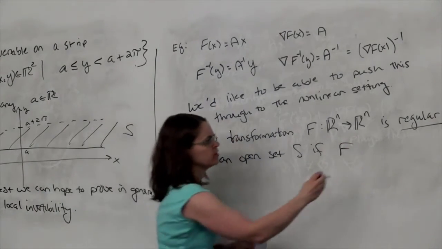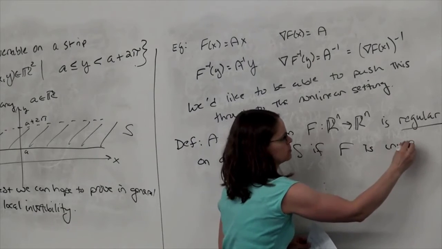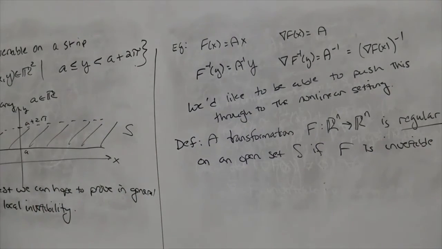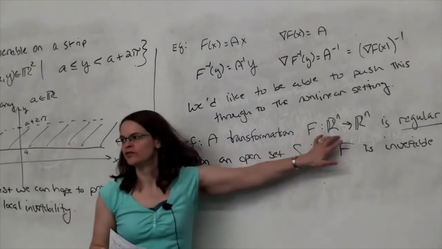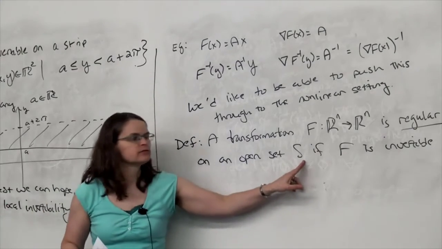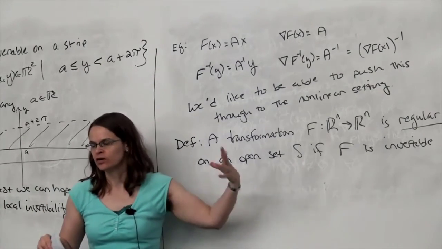So if f is invertible, okay, we'll be given a function that's defined maybe on all of Rn or on some big domain. We'll be hoping to find local sets on which it is invertible, even if it's not globally invertible.